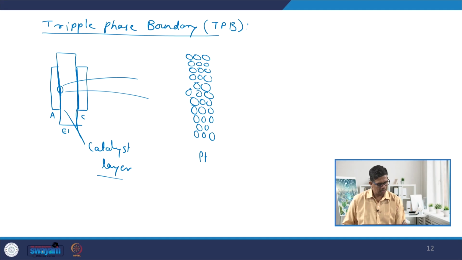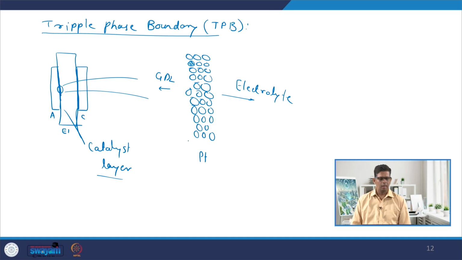So, the platinum nanoparticles are put up here, these are all platinum nanoparticles, and this side is your bulk of electrolyte, and this side will be the gas diffusion layer.